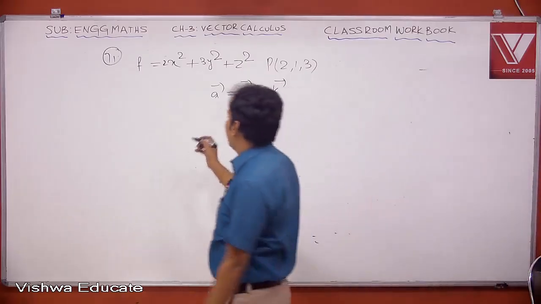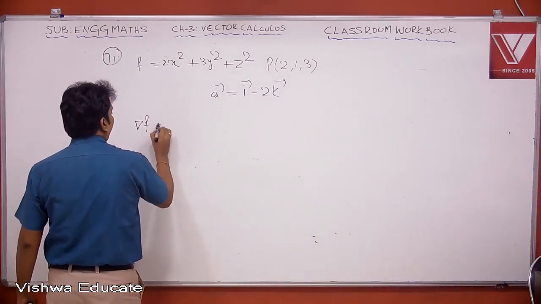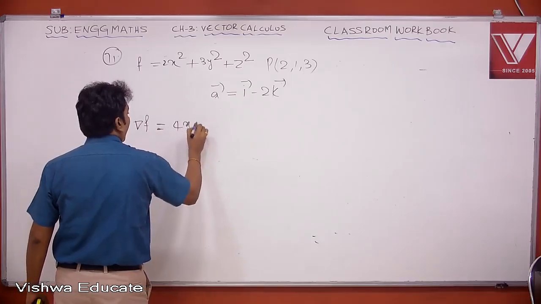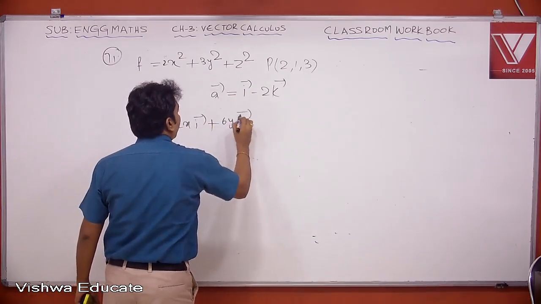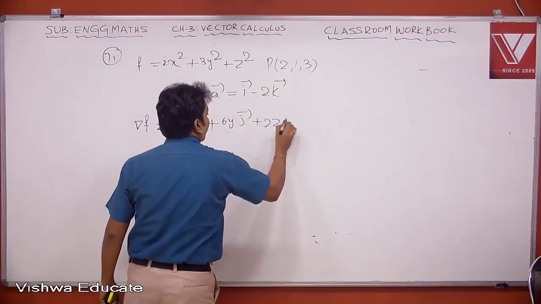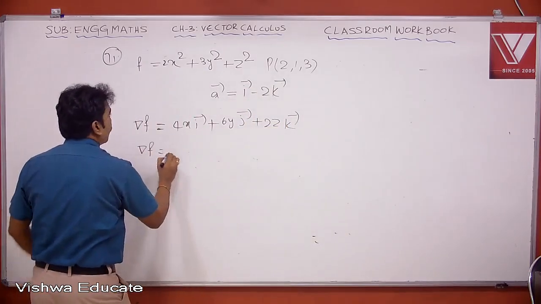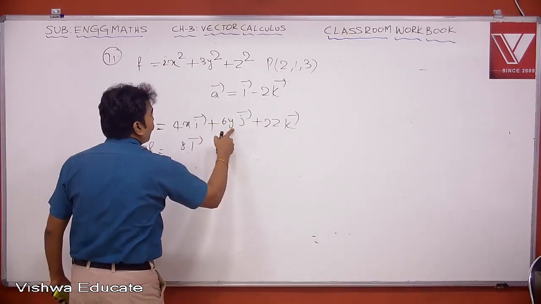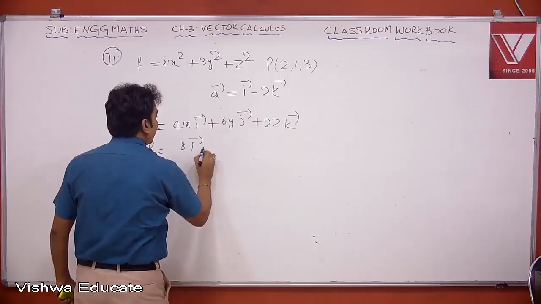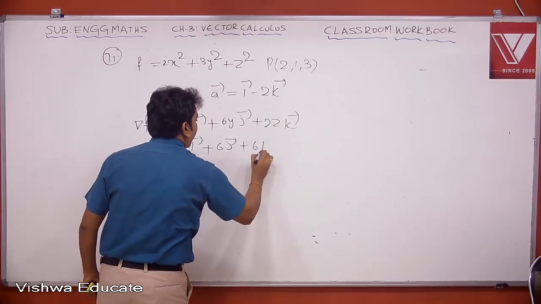Now let us see. At first let us calculate del f. This is dou f by dou x i bar, so 4x i bar, plus dou f by dou y, 6y j bar, plus dou f by dou z, 2z k bar. Now replace these values. So del f equals, x value is 2, so 8 i bar, y is 1, so 6 j bar, plus z is 3, so 6k bar.